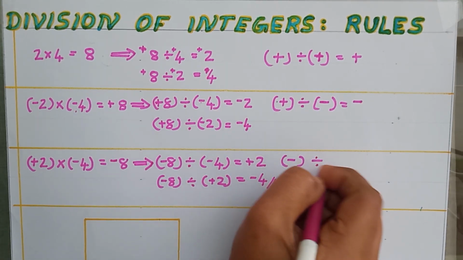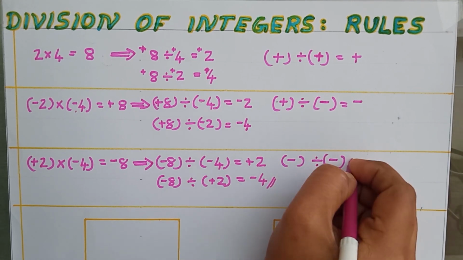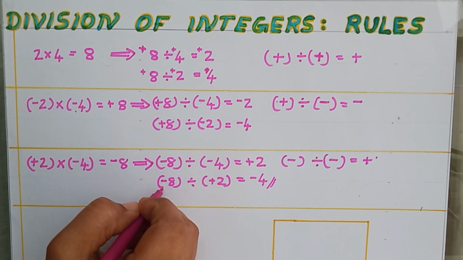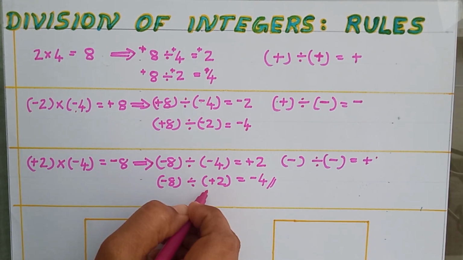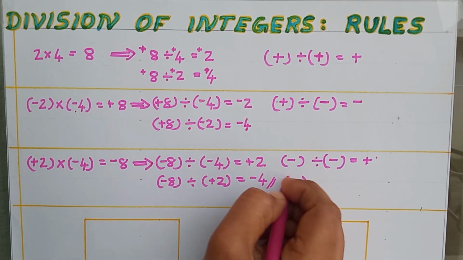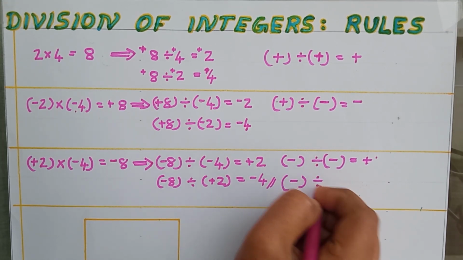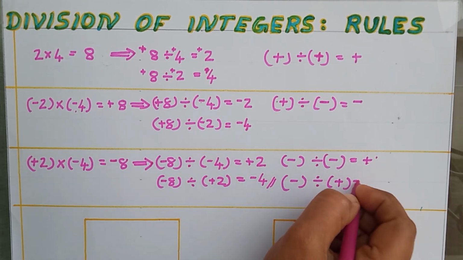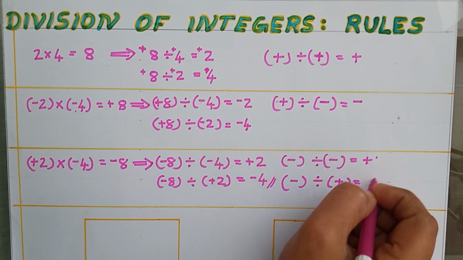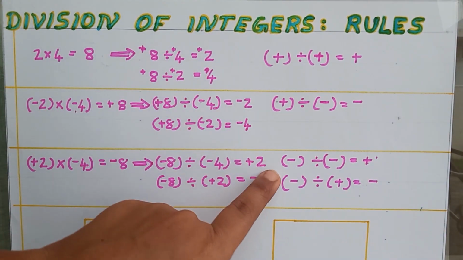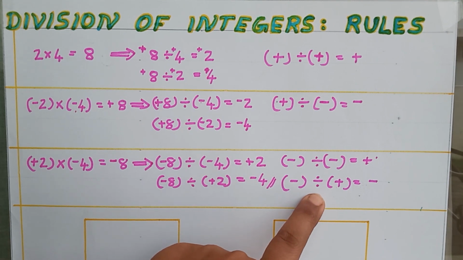Then again, negative divided by positive equal to negative. So we found 4 rules for division of integers.